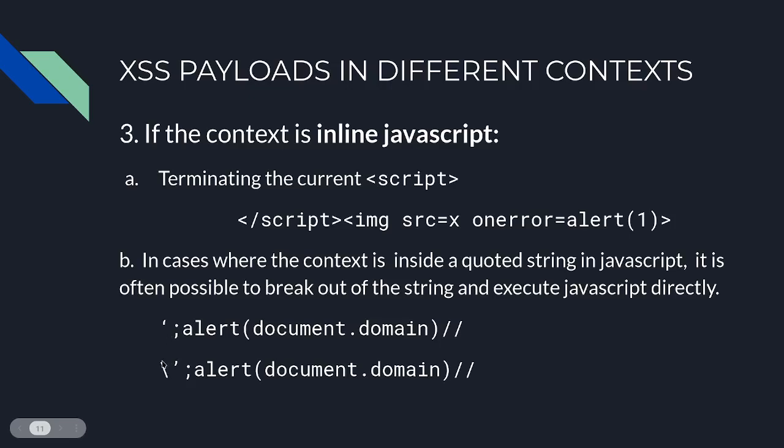In that case, you would try prepending your own payload with your own separate escape character, so that the original backslash is escaped, and whatever comes after that gets executed normally. That's why in this example you have this backslash as part of the payload.